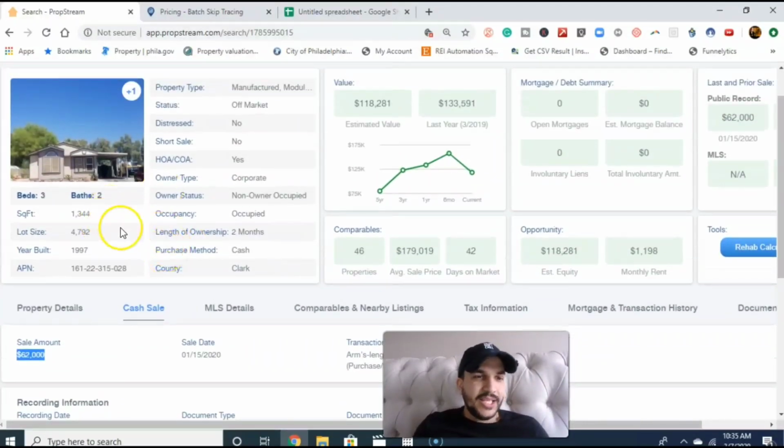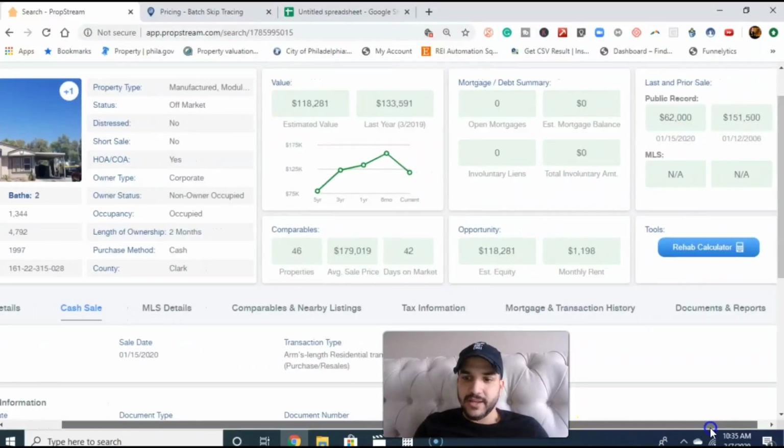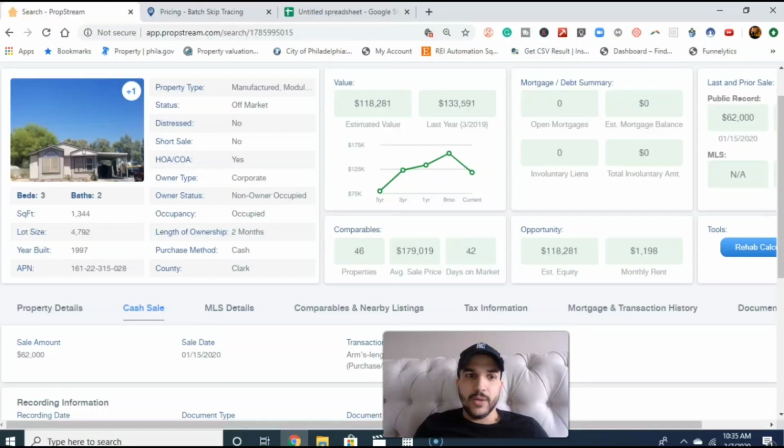So you get to see exactly how many bedrooms, how many baths, what the square footage, lot size, year built, all those things. That way you can understand what they're buying these properties at, right? What a cash buyer is willing to pay for that similar type of property.